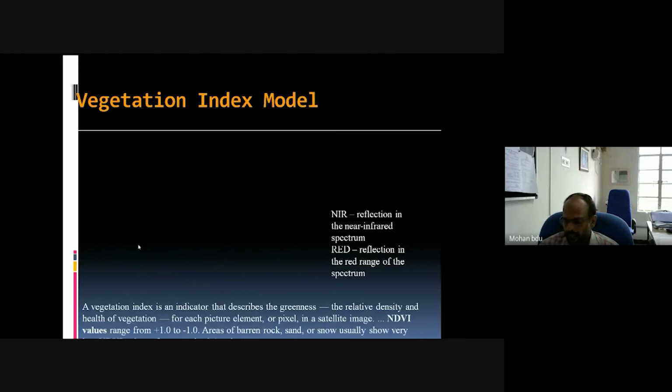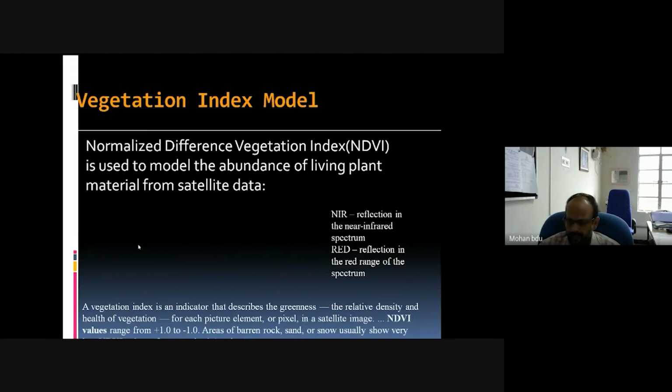So, for example, in the EIA, while assessing the impact of a proposed project on the environment, if the project is likely to come up in a forested area or a protected area where there is vegetation or a forest or even agricultural land, the normalized difference vegetation index (NDVI) is used to model the abundance of living plants from the satellite data.